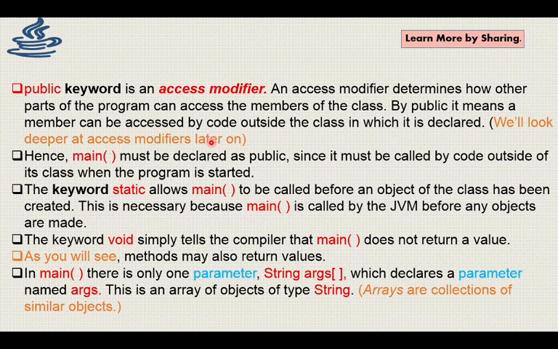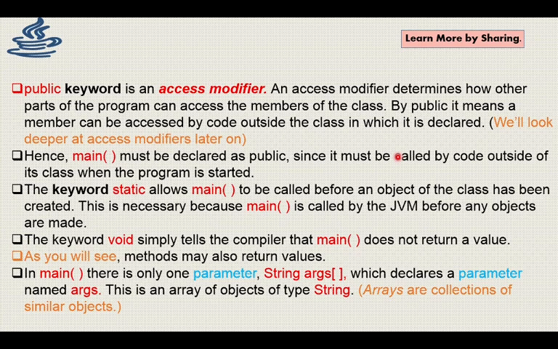So the next thing is the main. This is actually the main method. So the method looks like this. So it's a function. So it looks like this, right? So it must be declared public. So most of the methods are public, since it must be called by code outside of the class when the program is started.